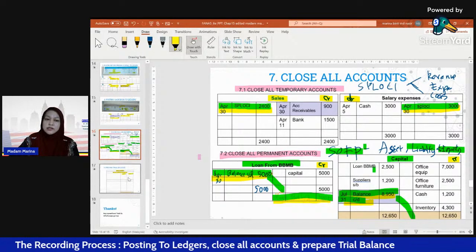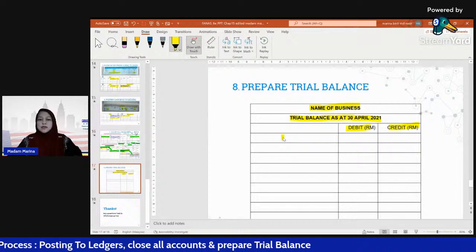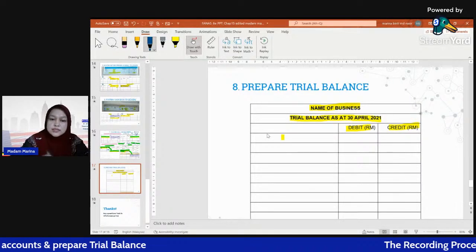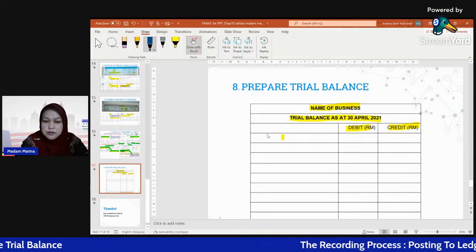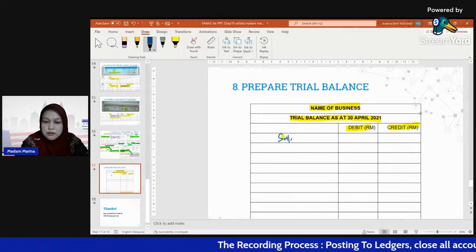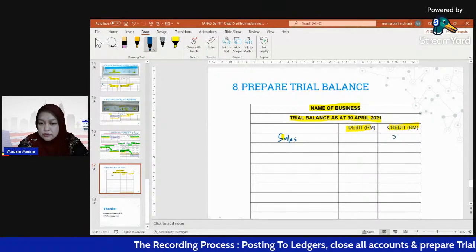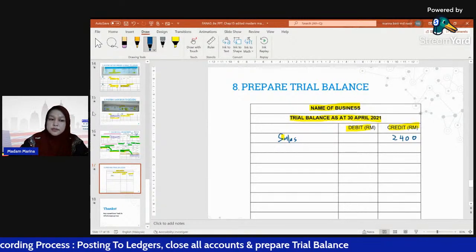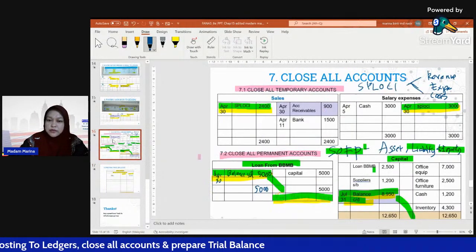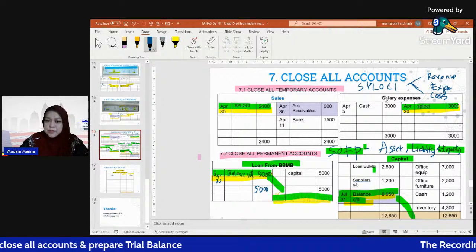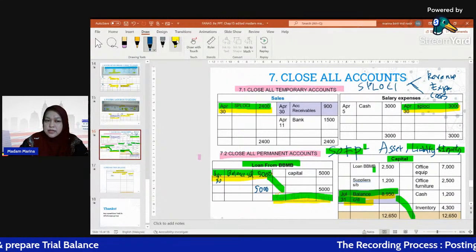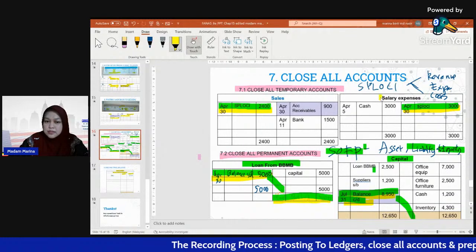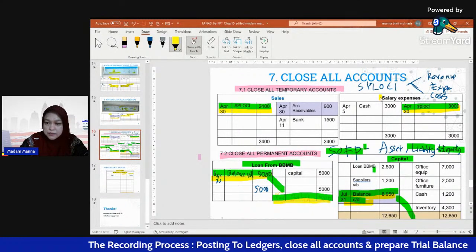Kita masuk dekat sini, sales credit 2,400. Okay, settle account pertama. Tengok account kedua, salary expenses.